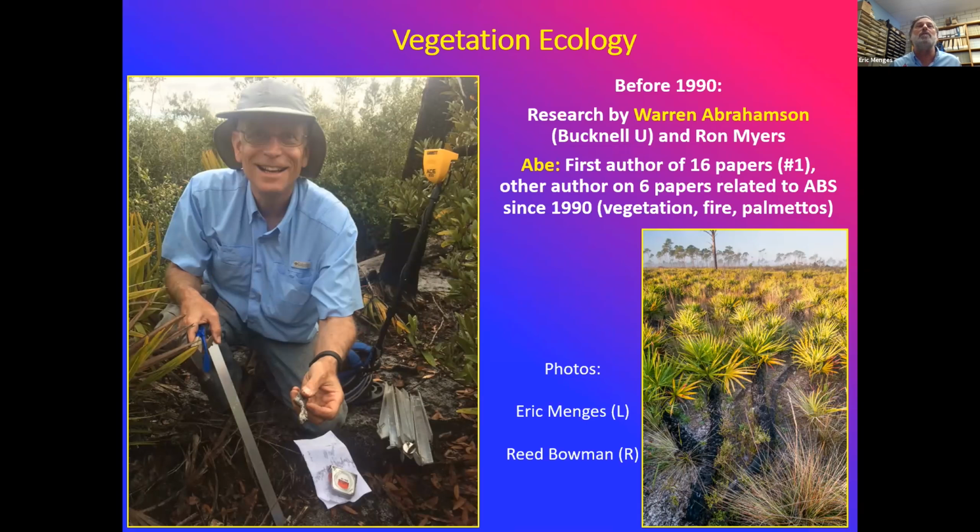Palmettos are very interesting, being extremely long-lived, having high survival and low recruitment. It's been an honor to follow Abe, and it's been a real pleasure to collaborate with him on several projects. So certainly a giant in vegetation ecology at Archbold.